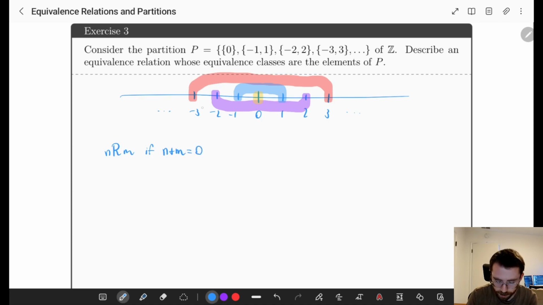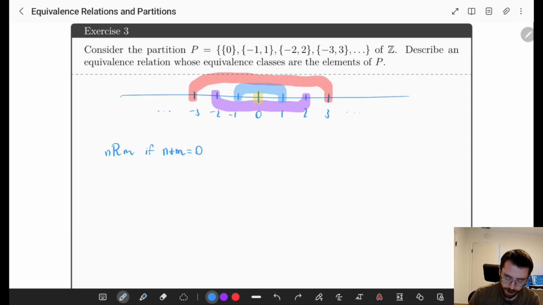Right, that seems to work, because negative 3 plus 3 is 0, negative 2 plus 2 is 0. And within an equivalence class, the elements better be related to each other. It doesn't work. Take a minute to think about why it doesn't. Pause the video if you need to.